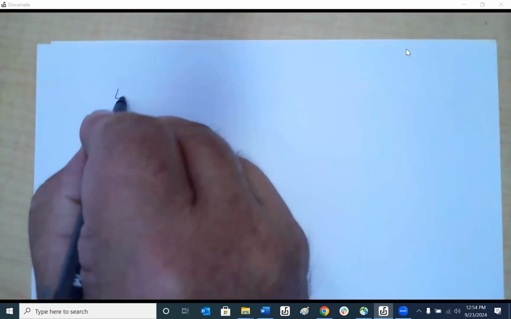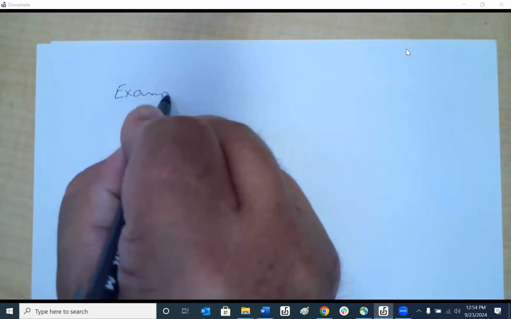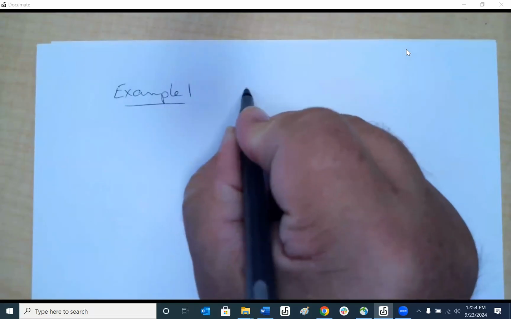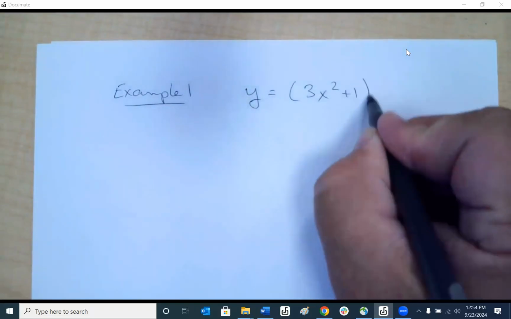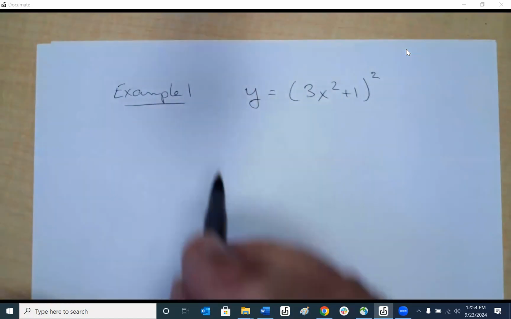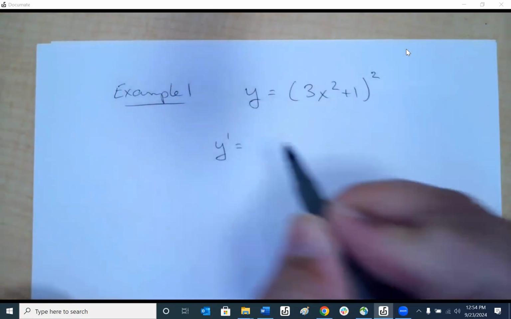So let's look at our first example here. Y is equal to 3x squared plus 1 to the power 2. What's the derivative?